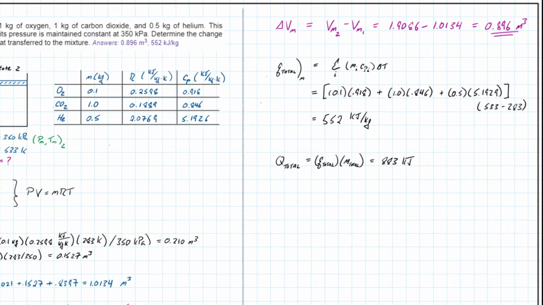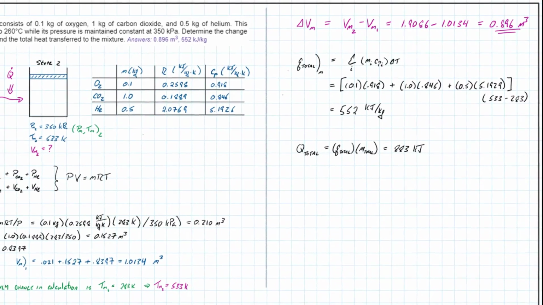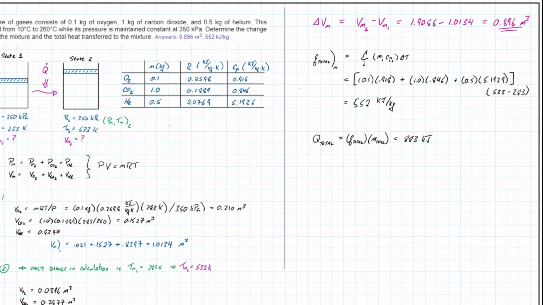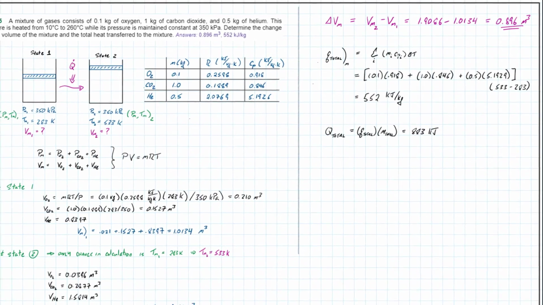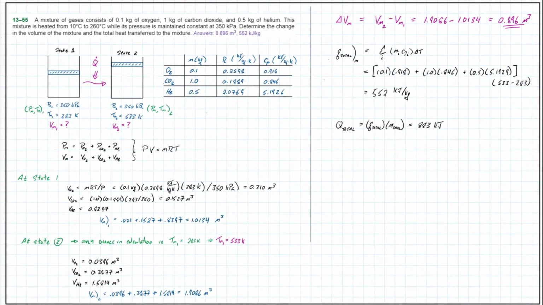All right, so again, this is a problem that took a mixture of gases from a thermodynamic state 1 and moved it to a thermodynamic state 2. In this case, it was done at constant pressure, but you can envision other types where we would keep the volume the same and put energy in, so we would then utilize the change of energy would be m c sub v delta T if we had maintained the volume the same.